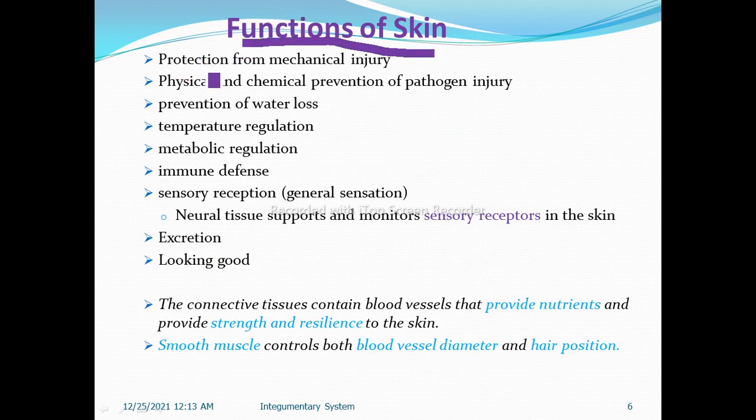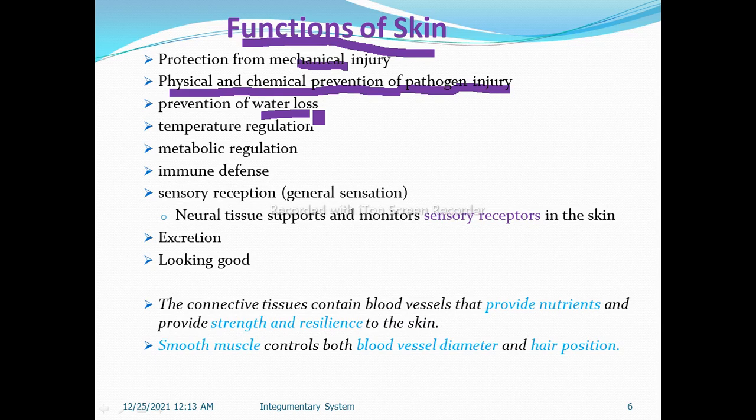Skin is used for protection. It helps protect our body from mechanical injury. Skin also provides physical and chemical prevention of pathogenic injury, so it prevents chemicals or physical materials from entering our body. The other function of skin is prevention of water loss.